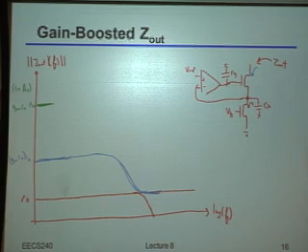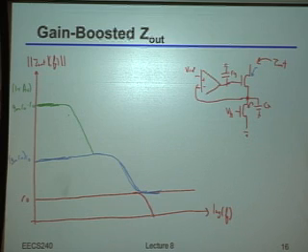Remember, the whole reason we got this boost was because the amplifier gave us gain, right? Well, when you hit the pole of that amplifier, that means the amplifier is giving you less gain than you had before. That means your impedance is actually going to start to roll off.